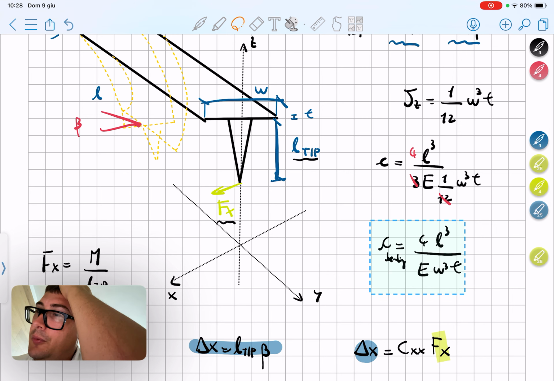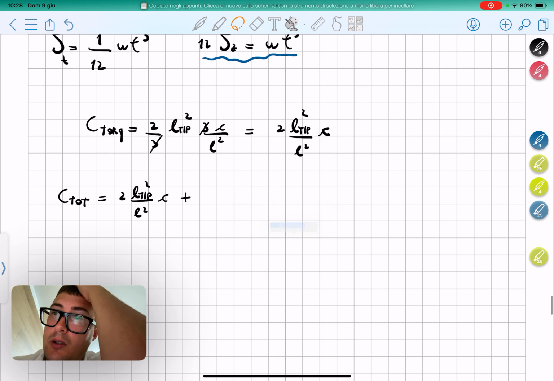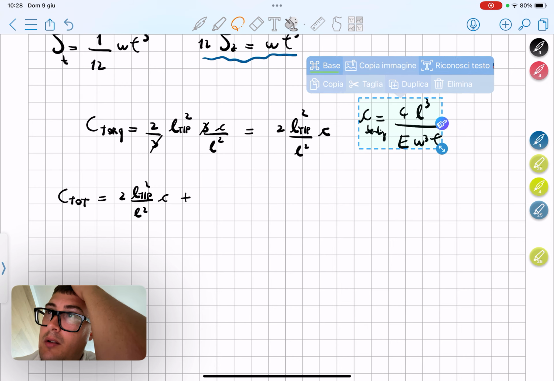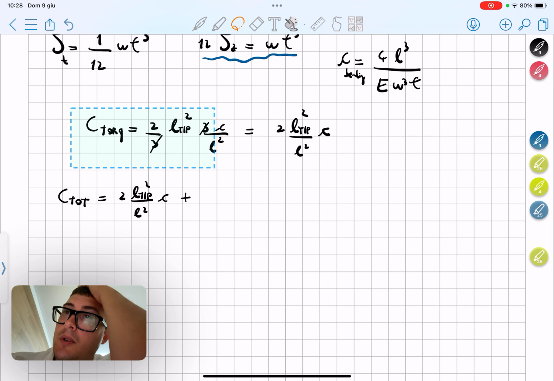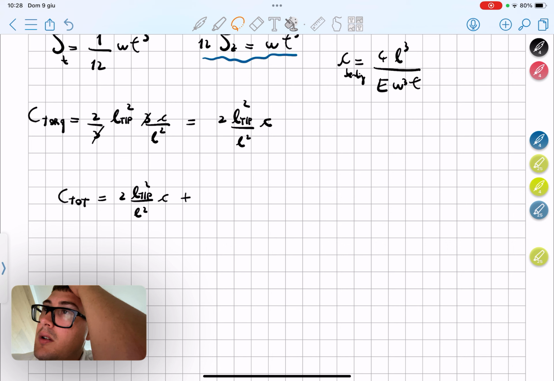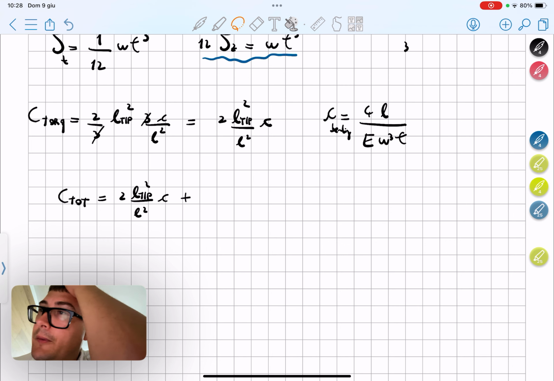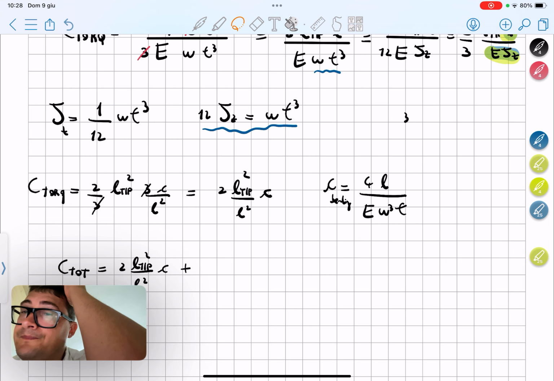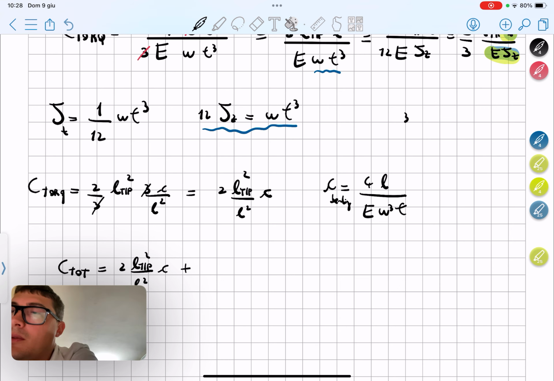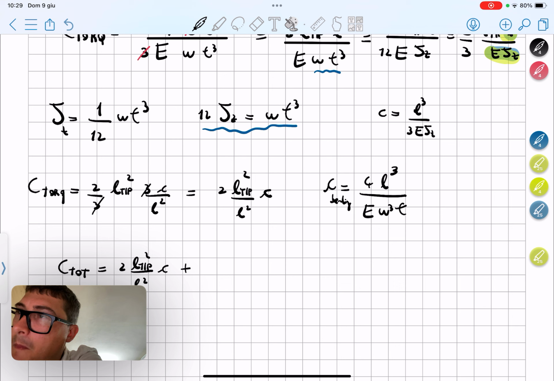Yes, I also need to express this in terms of C. Sorry, otherwise it's not going to be convenient. So let me do it in here. I need to re-express this in terms of C. Okay, so C is L to the cube, 3EJZ.